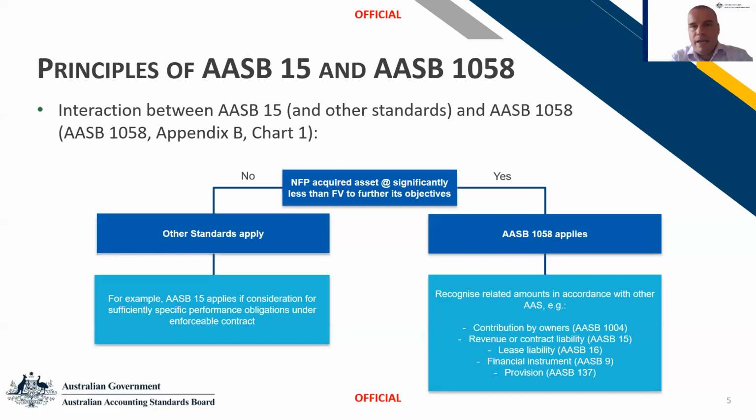And then the excess between the carrying amount of the recognized asset over the identified related amounts would be recognized in P&L in accordance with paragraph 10 of 1058.